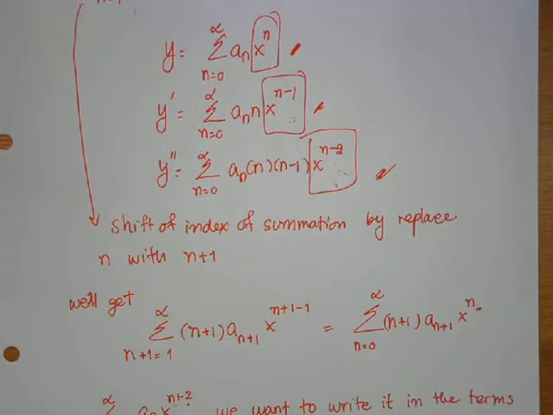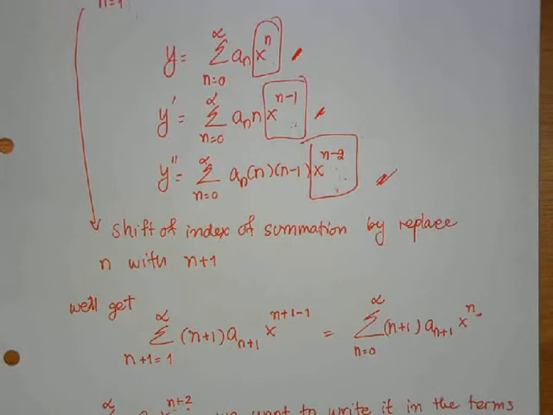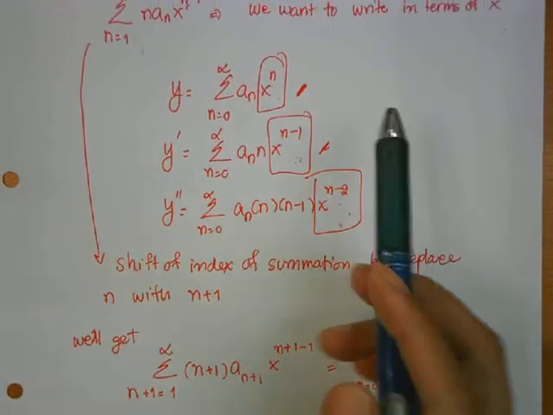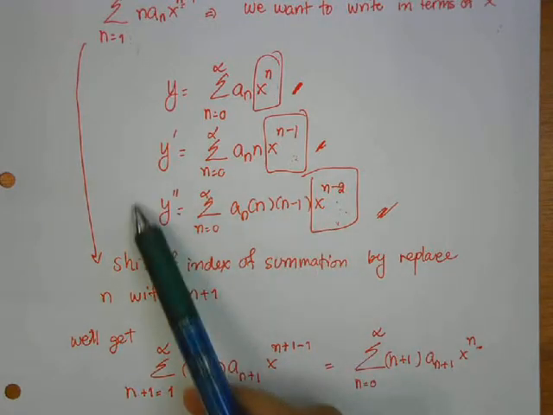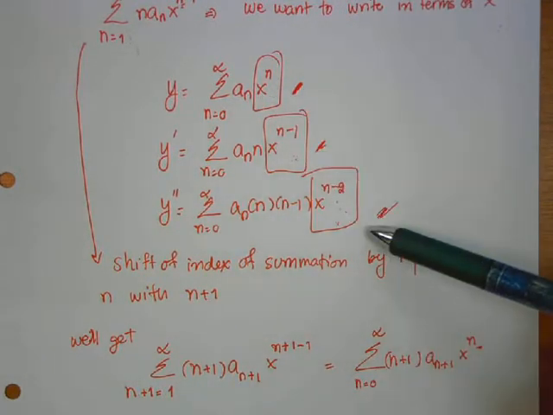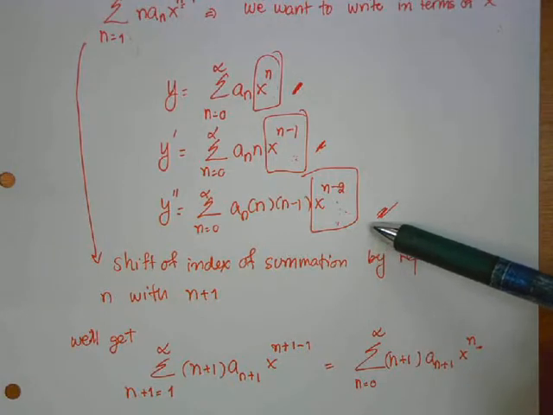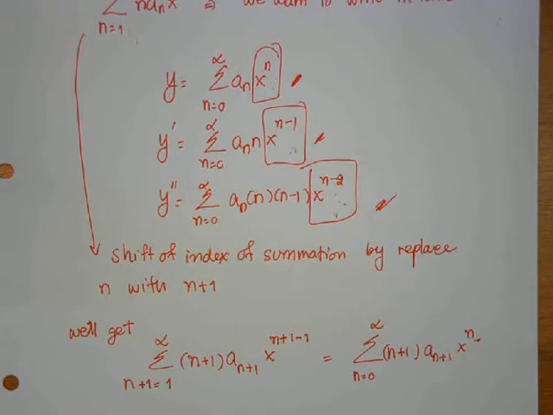Now for the second term and the third term, you would see that the power of x is just going down by 1. So if we want to write it in terms of x to the power n, we take a look at the first term first.